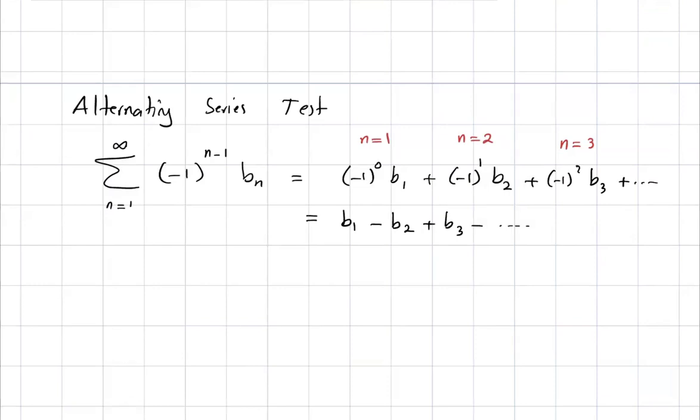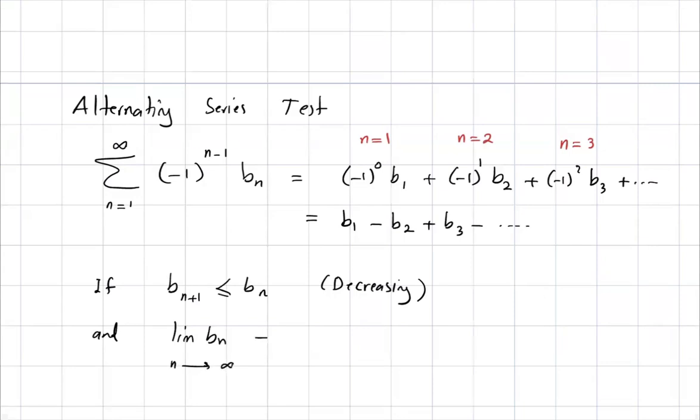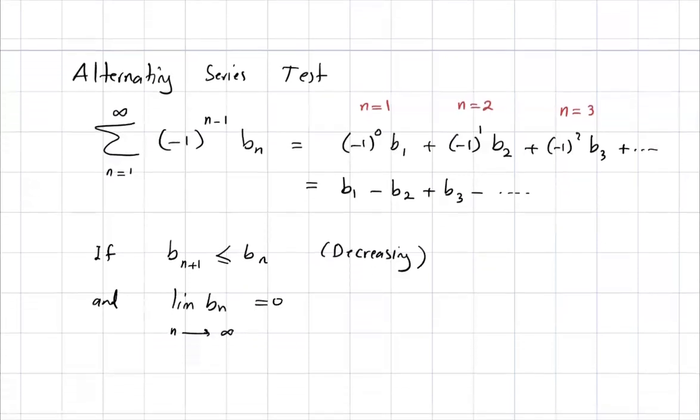So what happens for the alternating series test? If you have a series like this, and if b(n+1) is less than or equal to bn, which means that they are decreasing, and the limit of bn as n goes to infinity is 0, then we can conclude that this series is convergent.